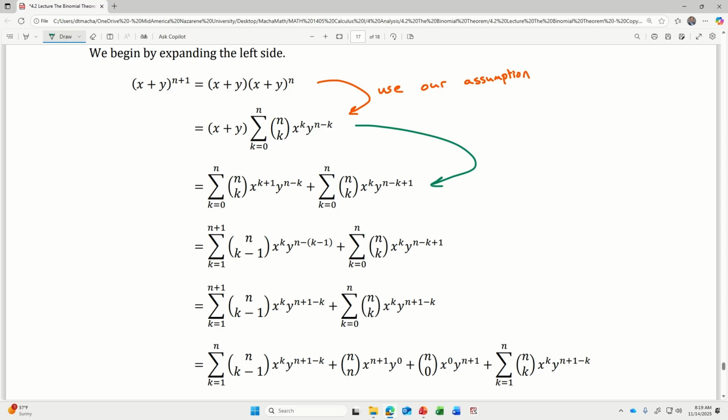What is happening here is I'm distributing this whole sum into the x plus y. So that whenever I distribute this to the x, now I have x to the power k plus 1 instead of just x to the power k, because I'm multiplying by an x. And then when I distribute this to the y, I'm going to get y to the power n minus k plus 1 instead of just n minus k, because I'm multiplying by an extra y. So this is what it looks like to use the distributive property.